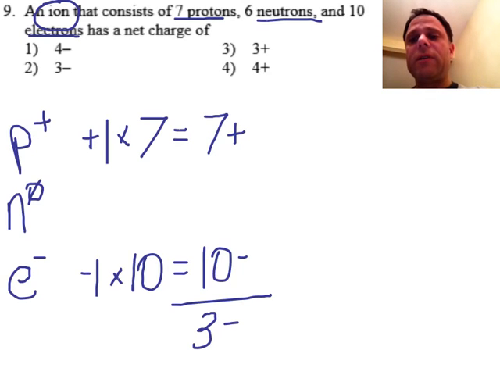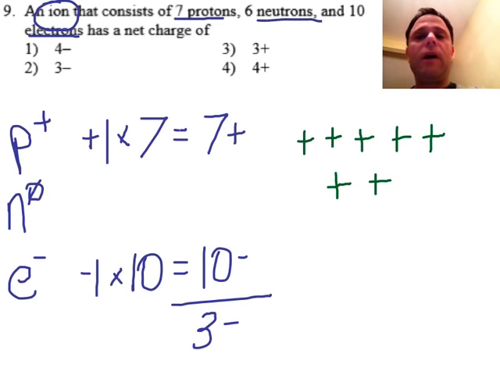But for the rest of us, let's map it out this way. In green I will mark every proton that we have as a positive charge. So we have 1, 2, 3, 4, 5, 6, 7. Now over top of that I will mark in red every electron with a negative charge to show that they cancel each other out.